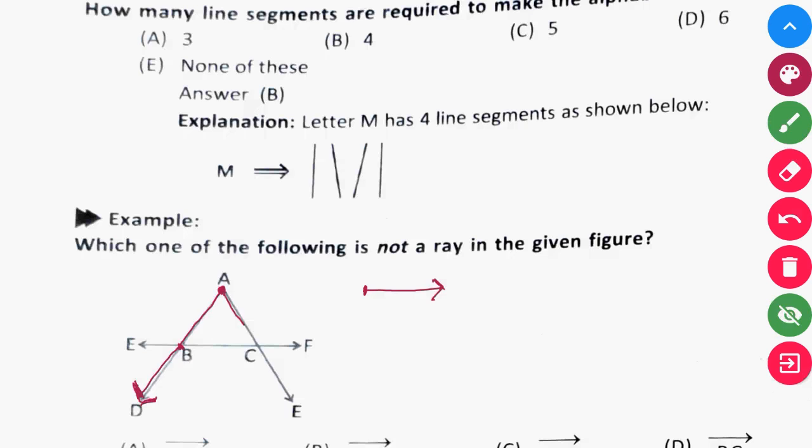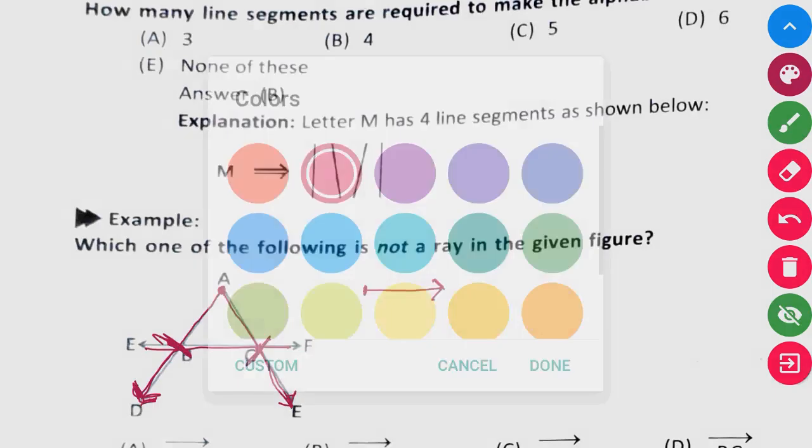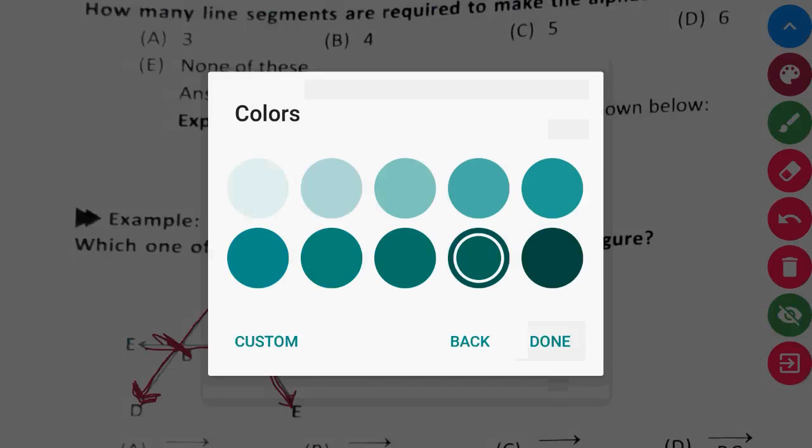Okay. AE is also a ray. CE is also a ray and BD is also a ray, because it has a fixed end and an infinite end. But you can see when we take EF, I will take another pen or another color to show you.